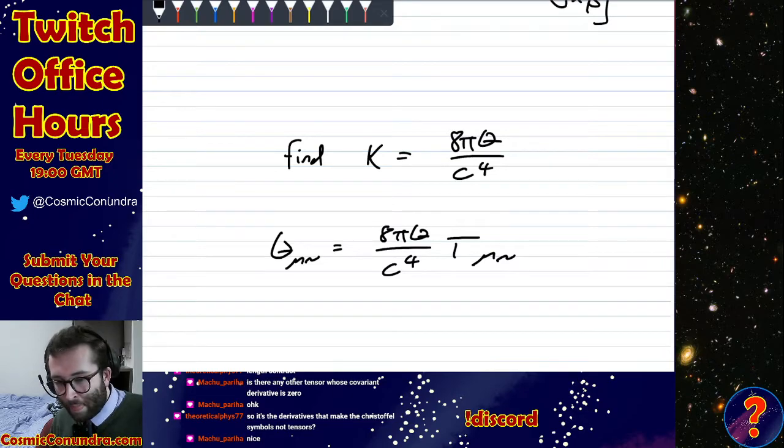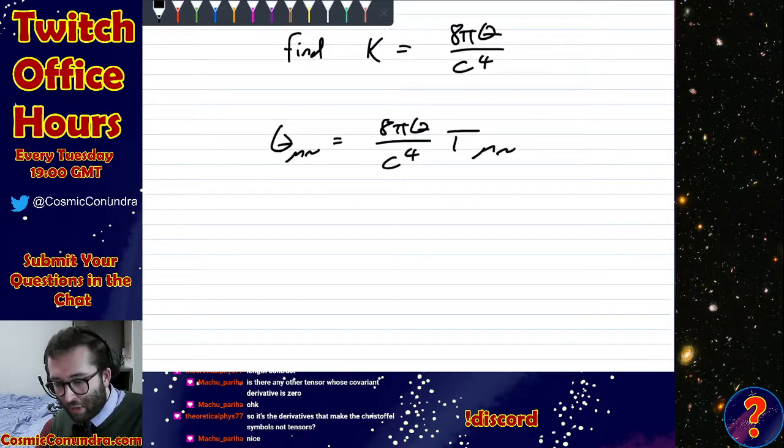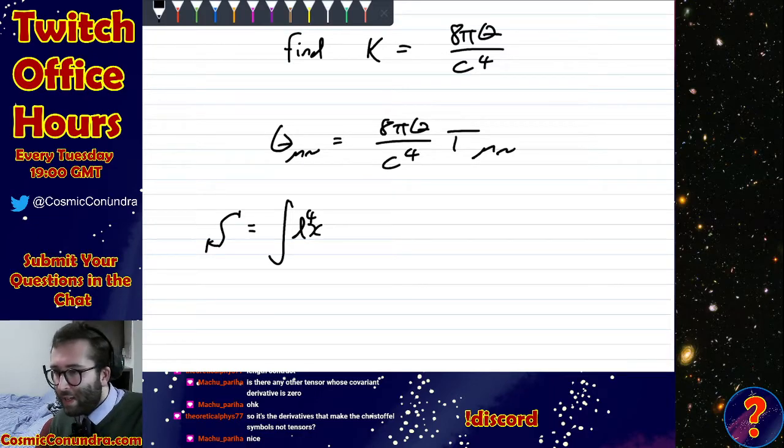So your action should first of all be a scalar, and it has to be an integral over the four dimensions of space-time, and it must involve things that transform as scalars in general relativity, in a form-invariant way.